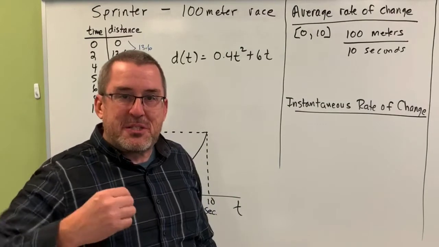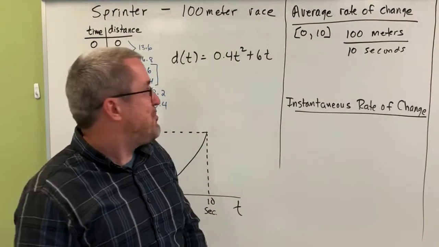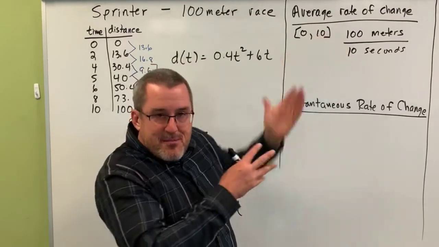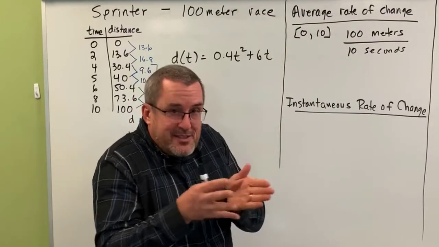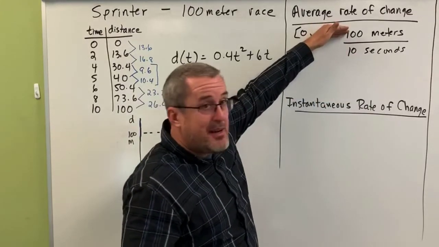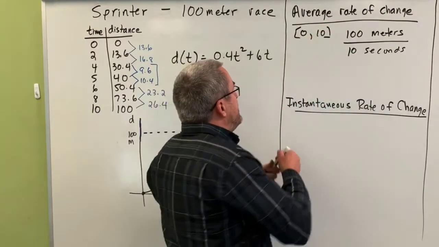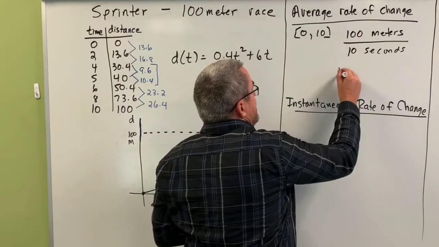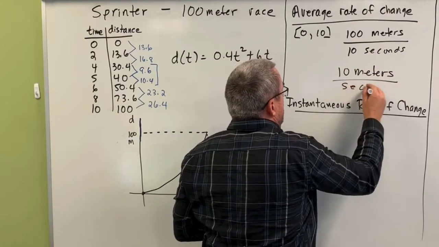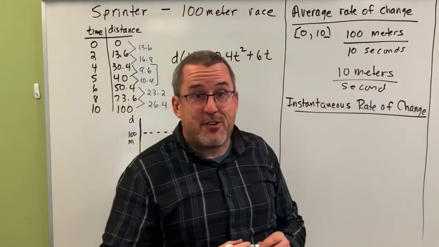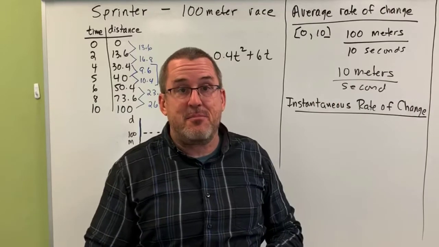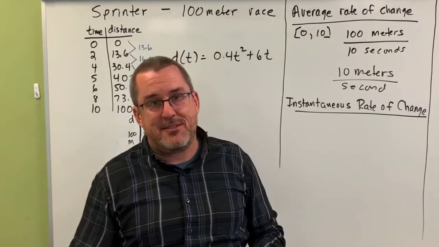We like to report speed in per 1 unit of time. So rather than saying 100 meters in 10 seconds, we're going to proportionally break that down into 1-second chunks. So divide by 10 proportionally, and what we see here is that 100 divided by 10 would be 10 meters per second. So on average, the runner has a speed of 10 meters per second over the entire race.